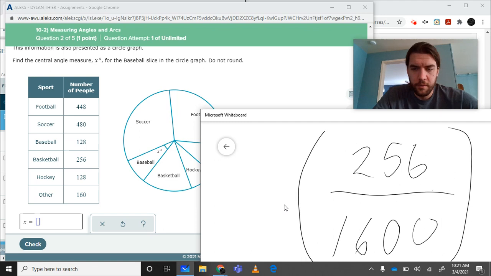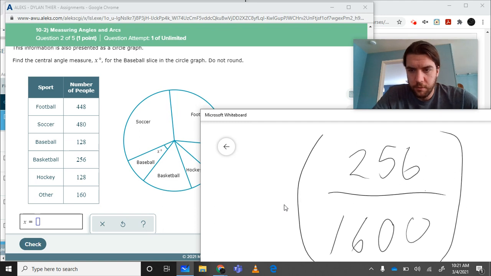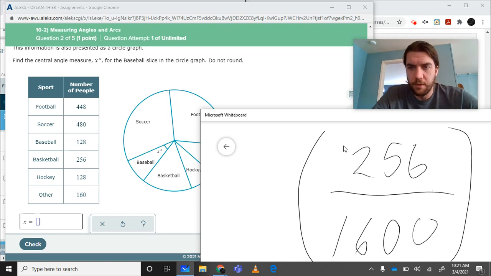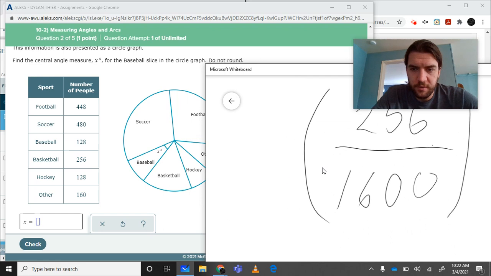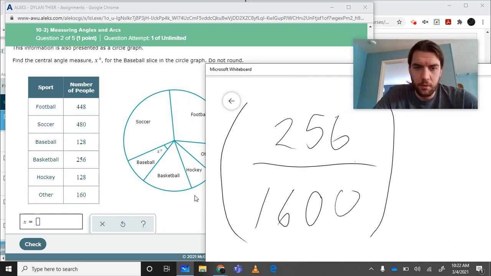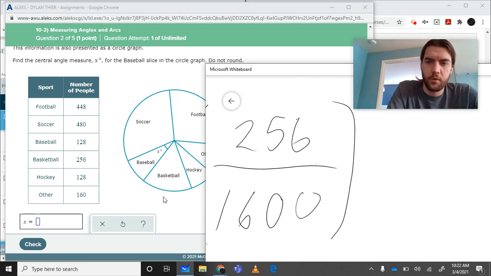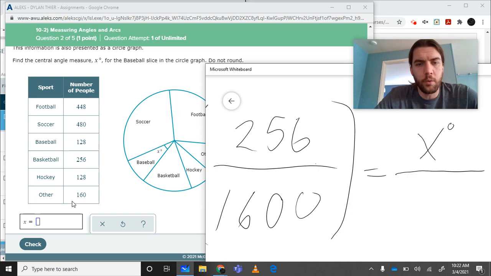Now, whatever that fraction is, if I'm estimating correctly, it'd be roughly the same as 1 over 12. That fraction should be the same fraction as the angles. So baseball has an angle of x. We don't know it. That's what we want to find out. But it's out of some total, right? It's out of the total when you go all the way around. When you go all the way around, you have 360 degrees.